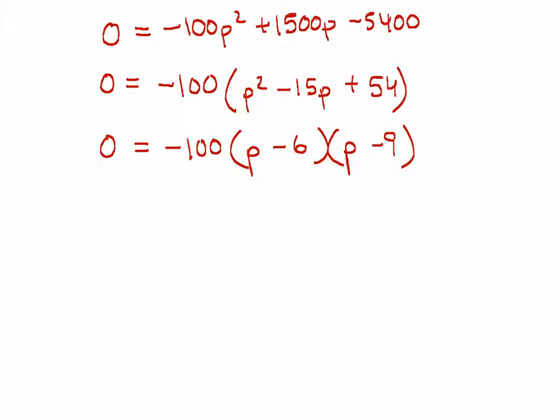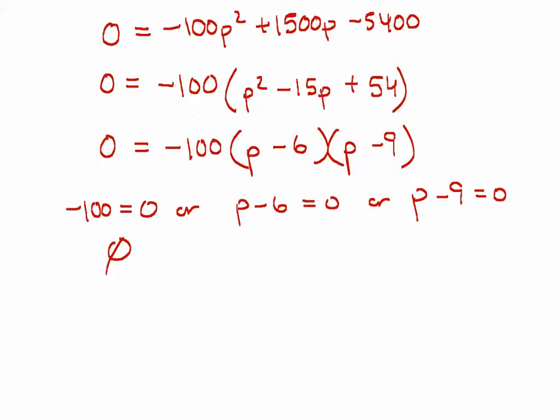Splitting them off into their own pieces and setting equal to 0. And again, negative 100, no way. That is no solution. I got price is $6, price is $9.